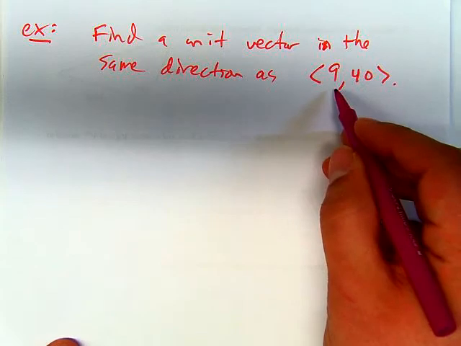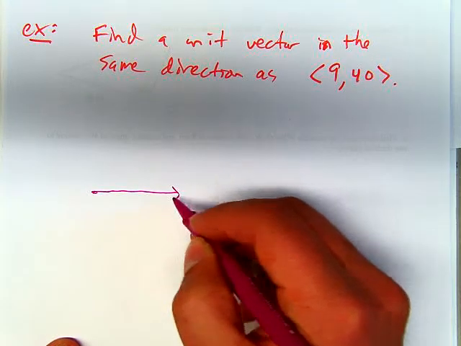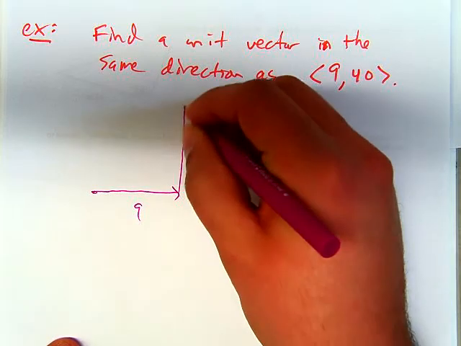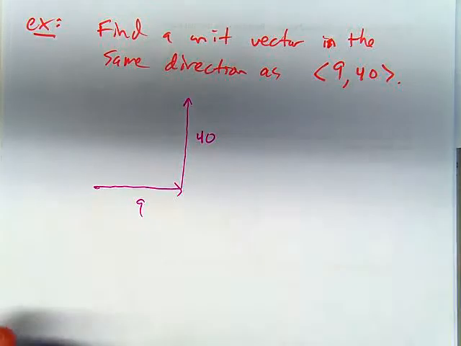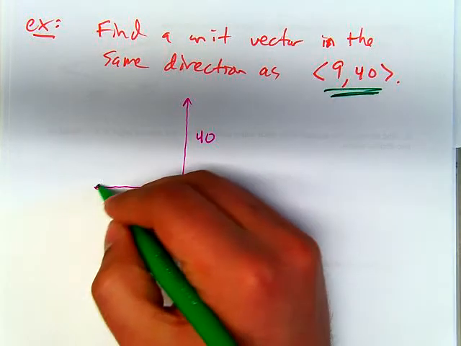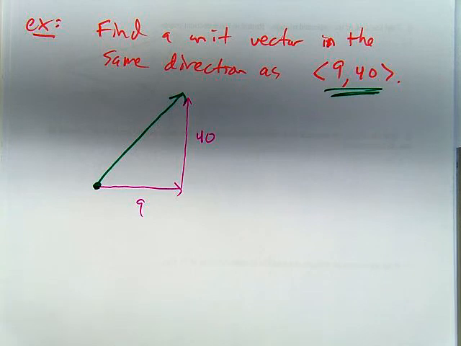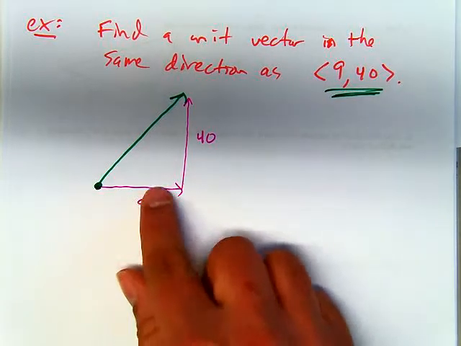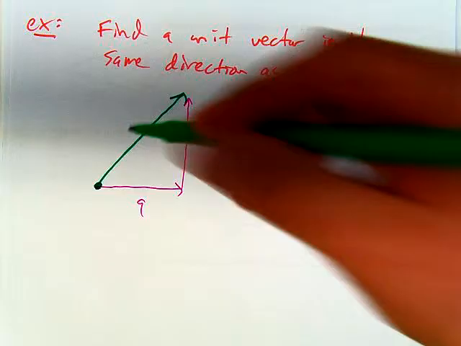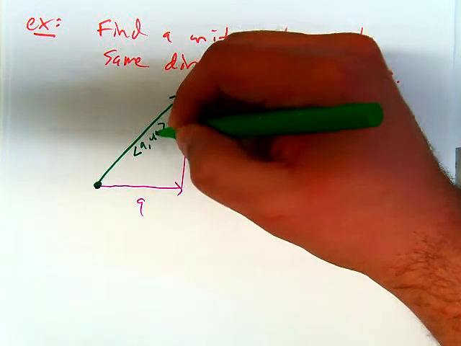So we have a vector that has a horizontal component of 9 and then a vertical component of 40. And then this vector, if I drew it, would look something like this. So horizontal 9, vertical 40, that's this green vector right here. So this green vector represents the vector 9, 40.